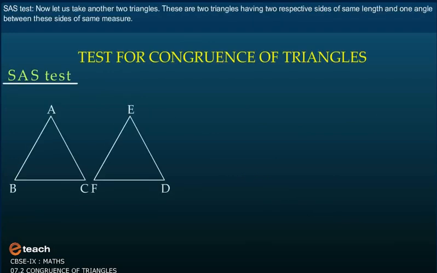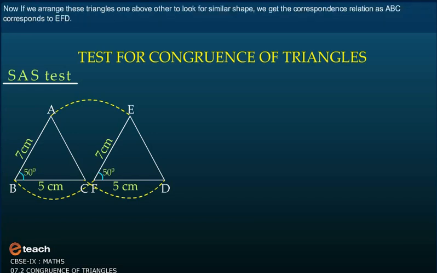SAS test. Now let us take another two triangles. These are two triangles having two respective sides of the same length and the angle between those sides of the same measure. Now, if we arrange these triangles one above the other to look for similar shape, we get the correspondence relation ABC corresponds to EFG.